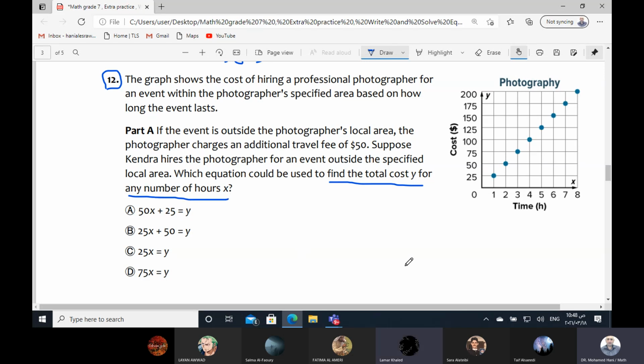Mister, when you solve this, can you explain how to make the equation? Tell me which A or B or C or D is the right equation and how to find this equation.